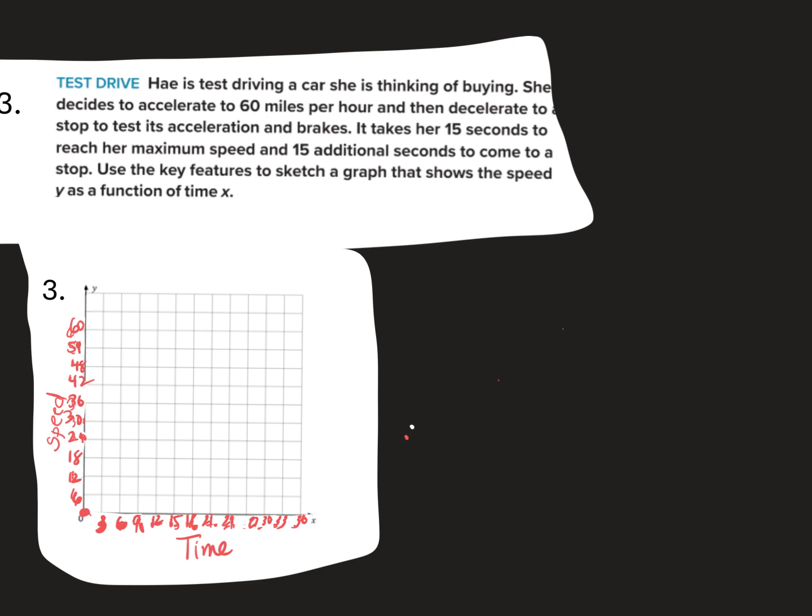And then she decelerates back to a stop, which would be at 0 miles per hour in another 15 seconds. So that would get me to 30. So accelerate and then decelerate and stop. That would be the graph for number 3.